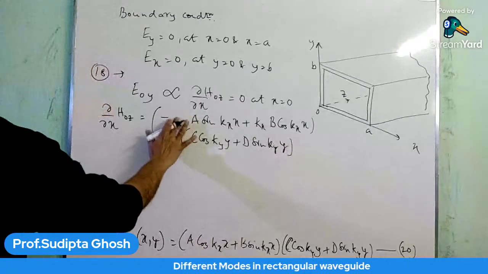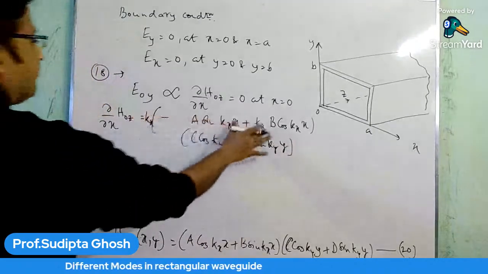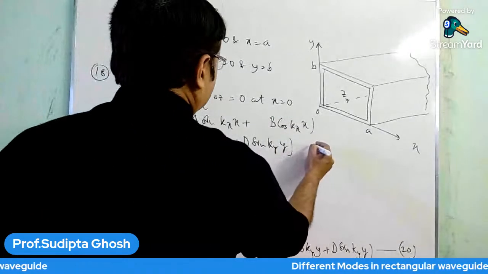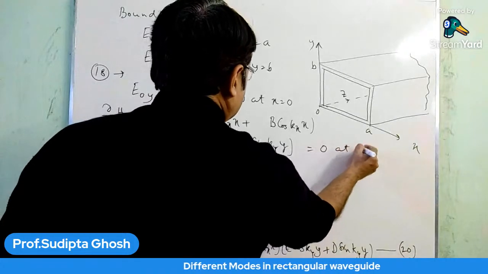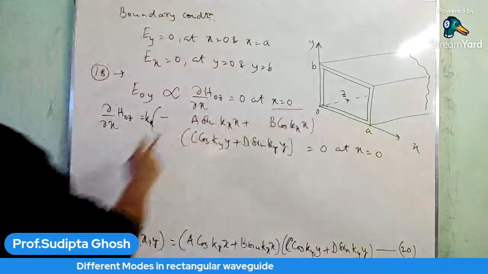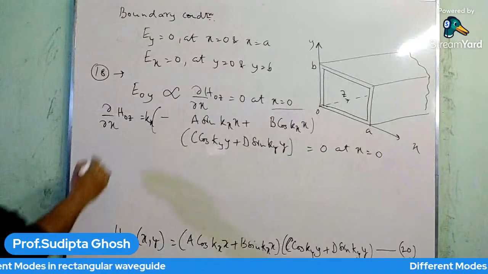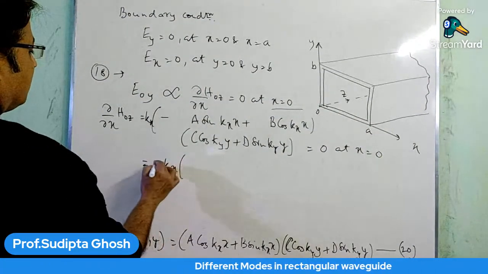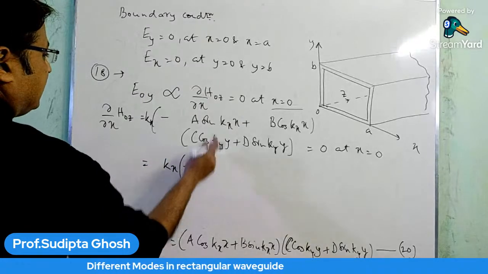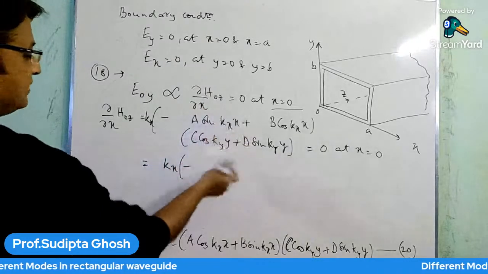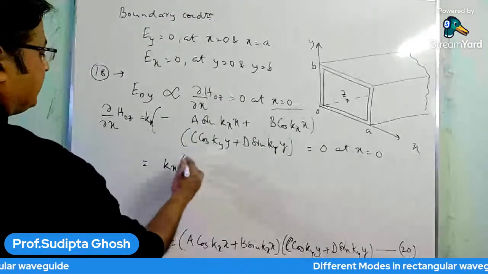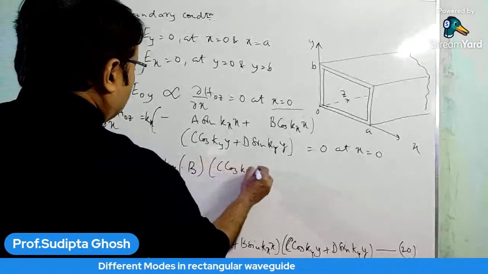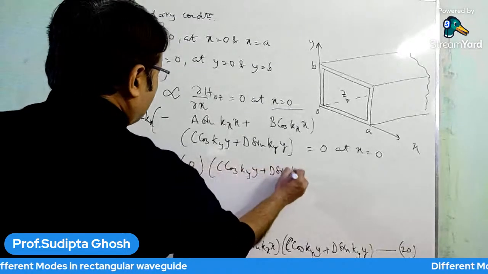So we can write this kx outside. Now this del x of HOZ equals 0 at x equals 0. Just by putting x equals 0, we have kx and then minus a sin kx 0, that means 0. We are left only with kx b into c cos kyy plus d sin kyy equals 0.